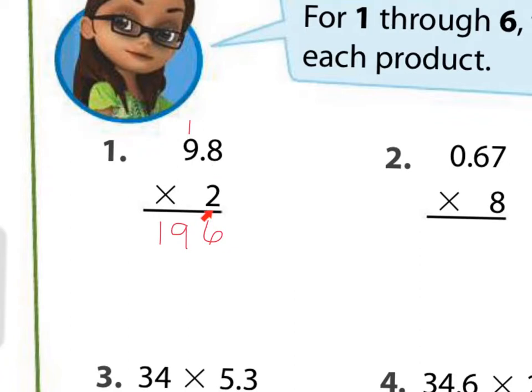This is a whole number, and like we talked about before, there are no decimal places in a whole number because they're all zeros. So that doesn't do us any good. So that's 1 decimal place. So like we did before, we're going to start here after the 6, and we're going to move 1 decimal place, and then we're going to place our decimal between the 9 and the 6. And so our answer is 19 and 6/10.